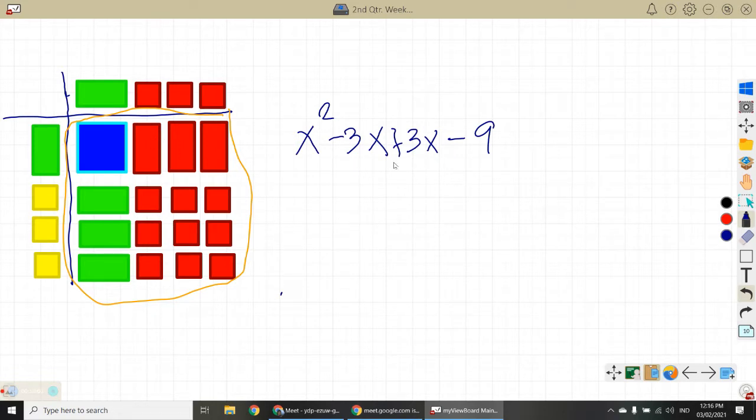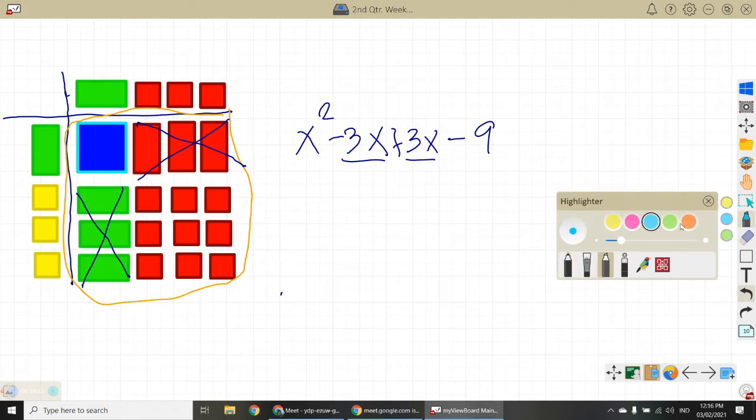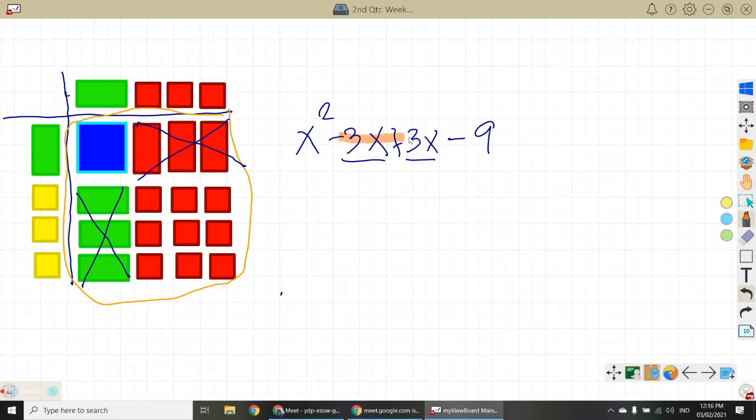Is this our final answer? Not yet. Last time we talked about the zero pair. So, this becomes a zero pair: negative 3x and 3x.